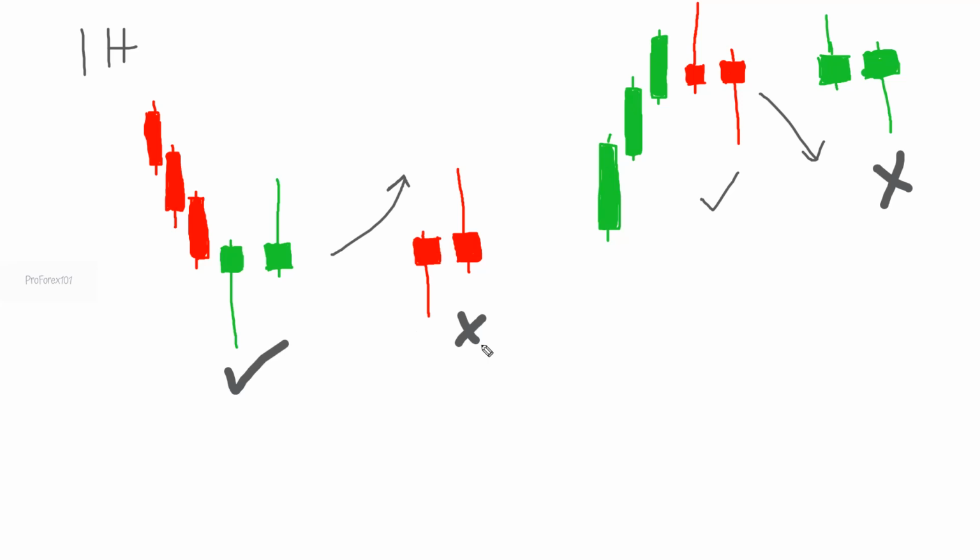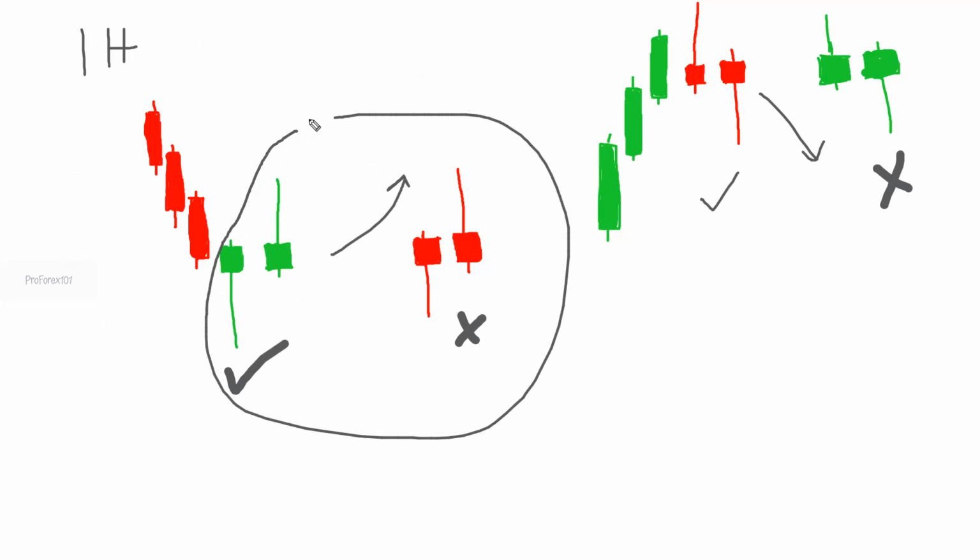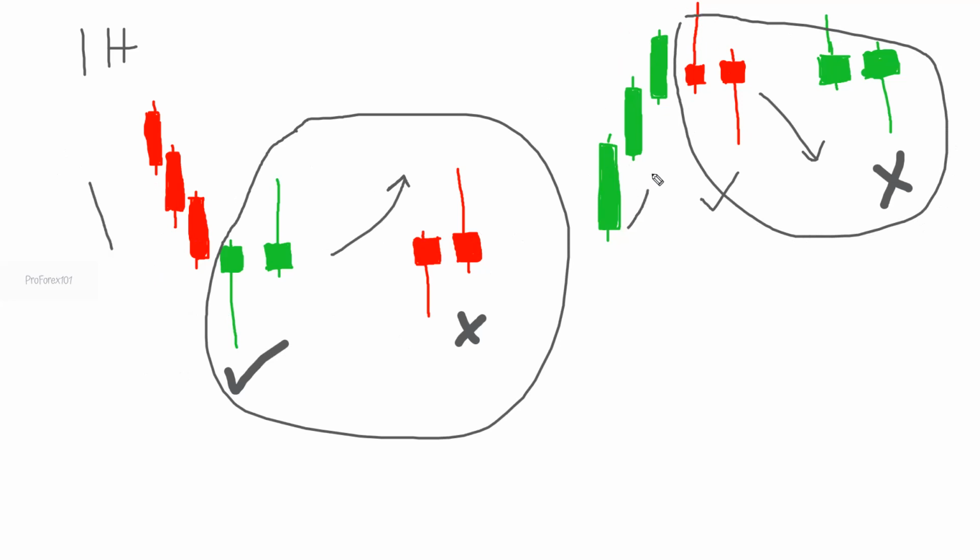So let's have a look at some examples on our charts. Okay, and yeah, try to master these, guys. I'm just drawing them all in here, but this is what you need to master. And also you need to know what kind of trend we were in prior to these signals, downtrend or uptrend.